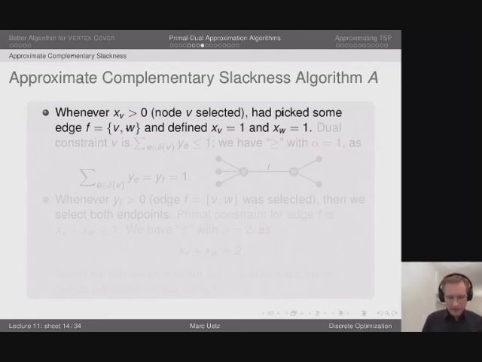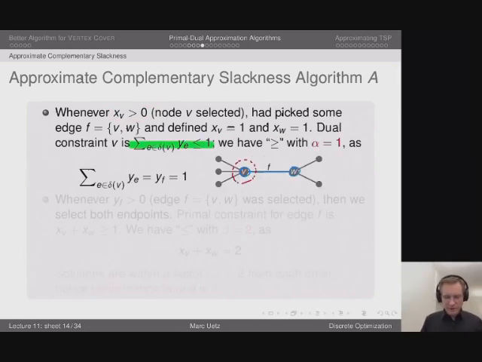Now, that is the moment when the primal variable goes from 0 to 1, we are selecting that vertex v. What is the corresponding dual constraint here? Well, the dual constraint, that is the matching constraint. So among all the edges incident with v, we can only select one of them.